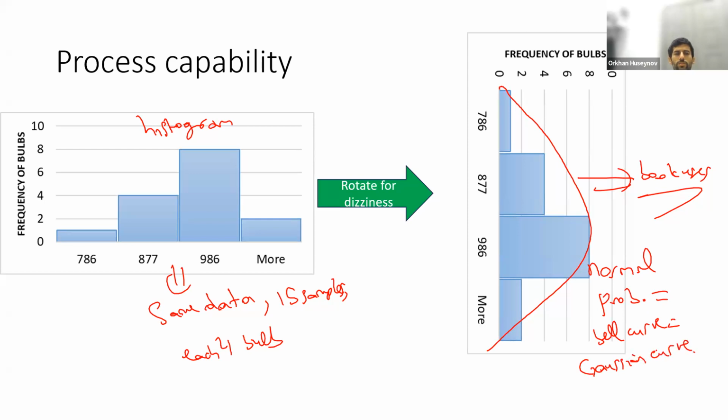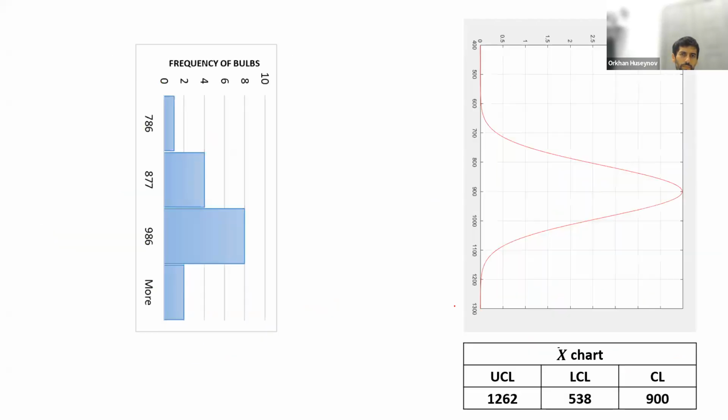Okay. So let's check firstly for the process capability. What does it mean that the process is capable or not? Again, if you use the central limit theorem, you'll get the final form, which is the normal distribution. Okay, this is the central limit theorem.